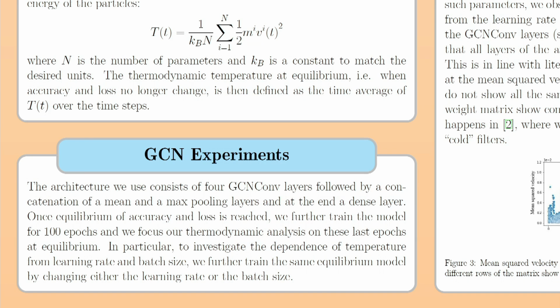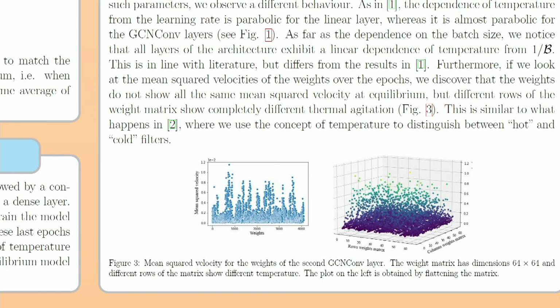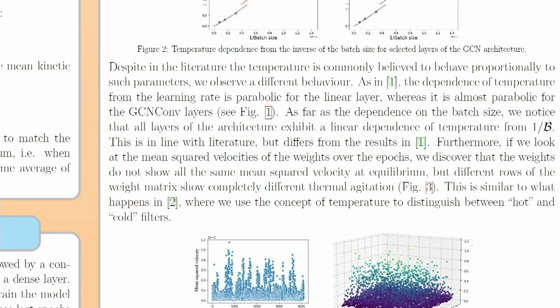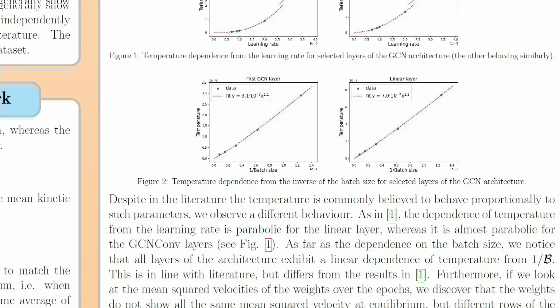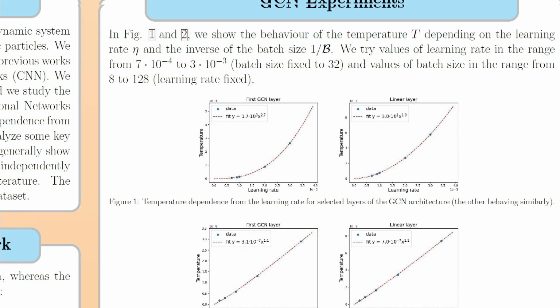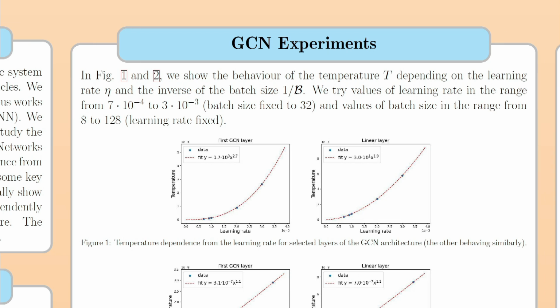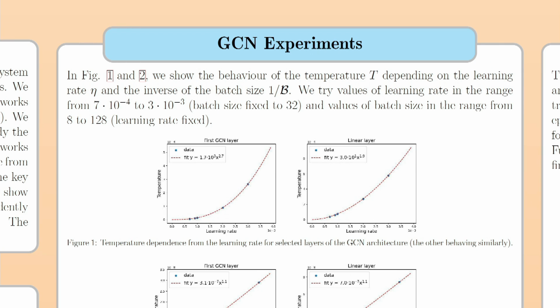In particular, we want to test the dependence of this temperature, so this mean kinetic energy at equilibrium, with respect to the learning rate and the batch size. We do it separately, by fixing first the learning rate and changing the batch size, and then fixing the batch size and changing the learning rate.